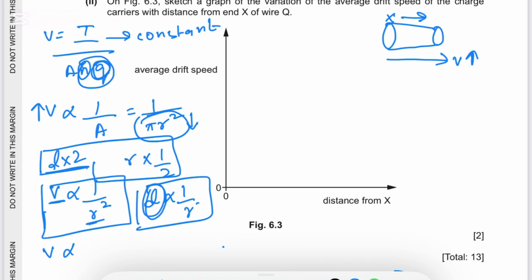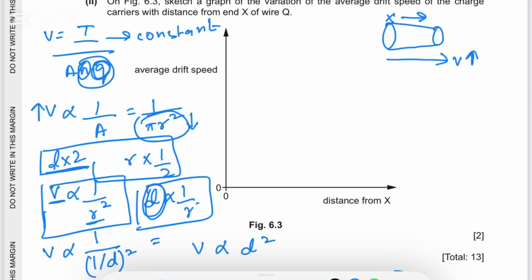That means drift speed is the inverse of this value over here squared. What that actually means is drift speed is directly proportional to distance from X squared.